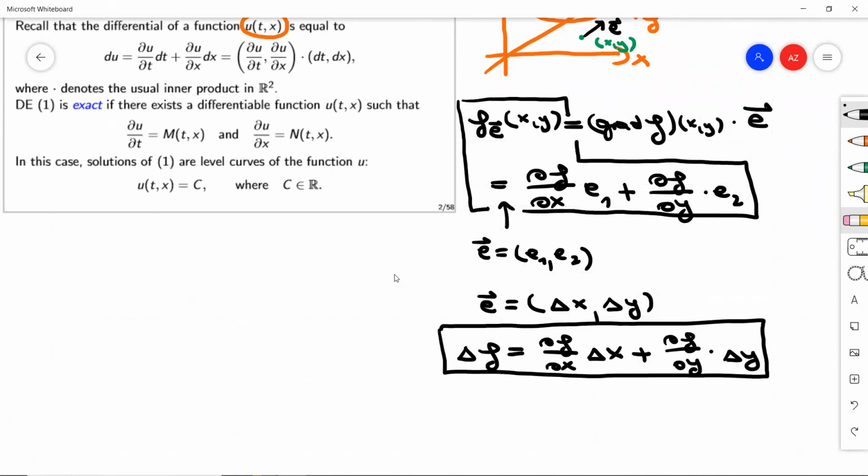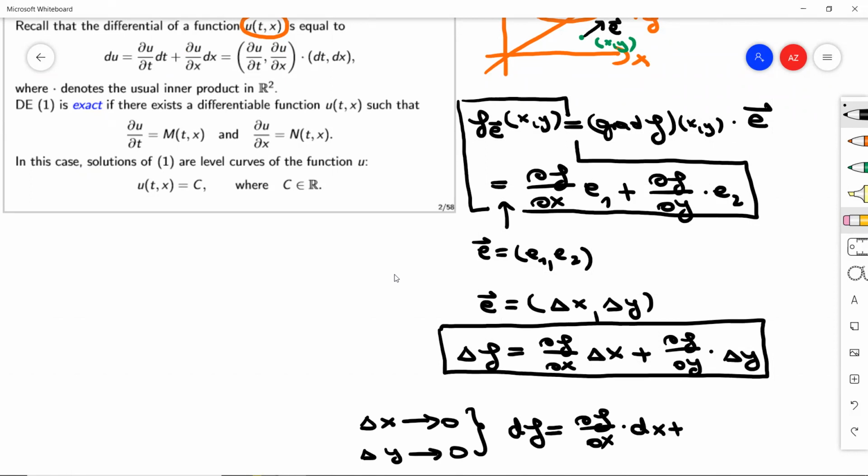And if we send those changes in x and y to 0, we in fact get so-called differentials. So differentials are just limits of the changes in both directions. So we can rewrite this formula by the means of differentials. The differential of f is the partial derivative of f with respect to x times the differential of x, plus the same for the other summand.